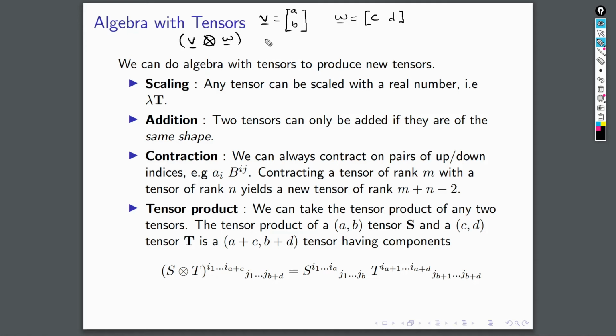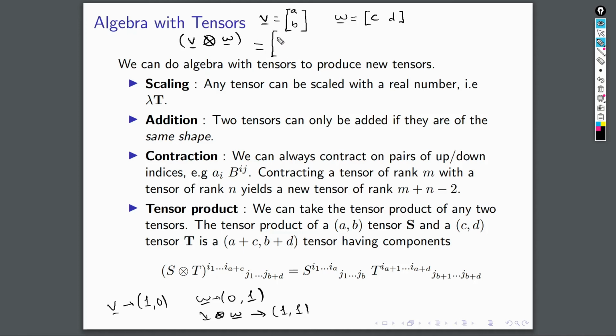And that's going to be a 1, 1 tensor, because V was a 1, 0, and omega was a 0, 1, and using this rule here, their tensor product is going to be a 1, 1. And we know a 1, 1 tensor is a matrix, and all we do is we just multiply the components.